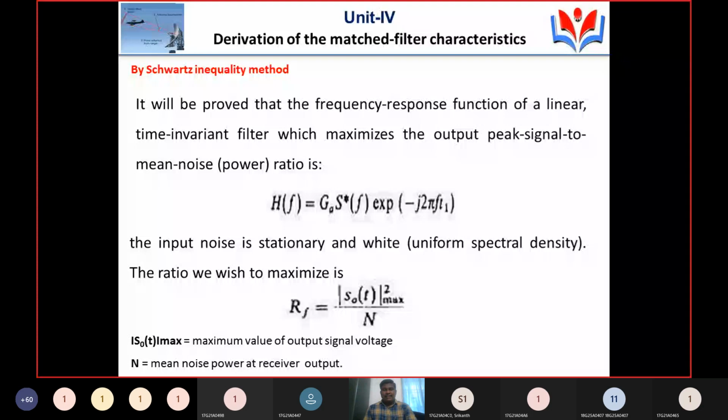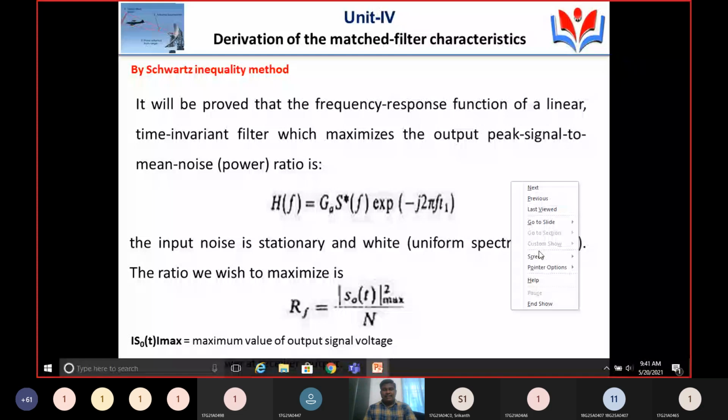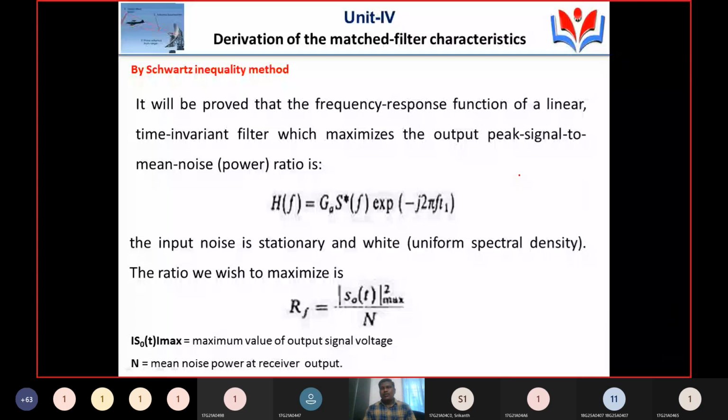Let us see. If you consider an LTI system, the input of the system is x of t, and the output of this LTI system is y of t. This is an LTI system with impulse response h of t.